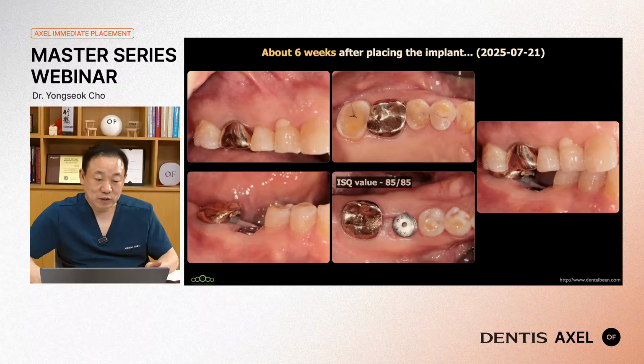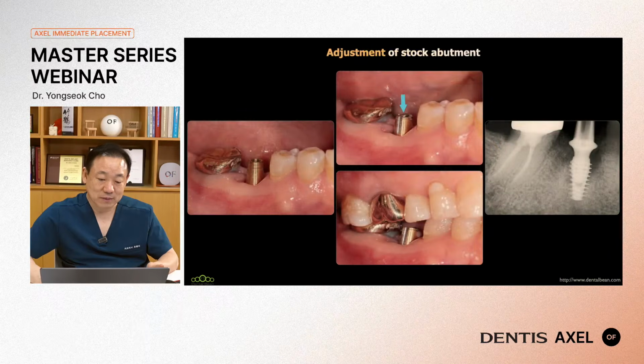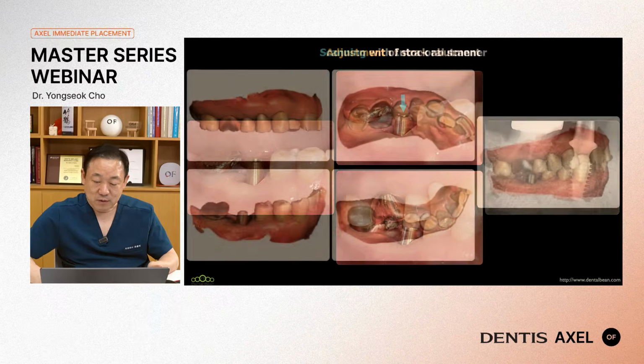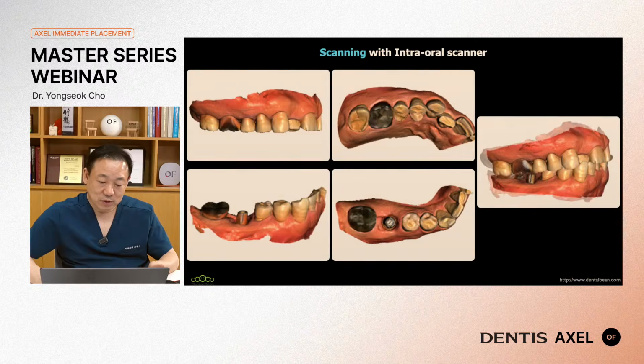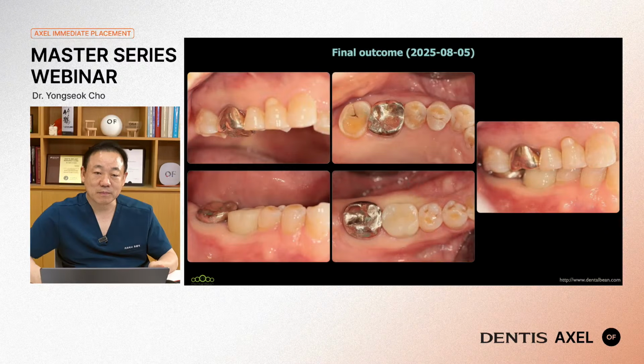So 6 weeks after the implant, the soft tissue looks almost healed. Dr. Kim started the prosthetic procedure using a stock abutment and continued the restoration like this. This is the final outcome.